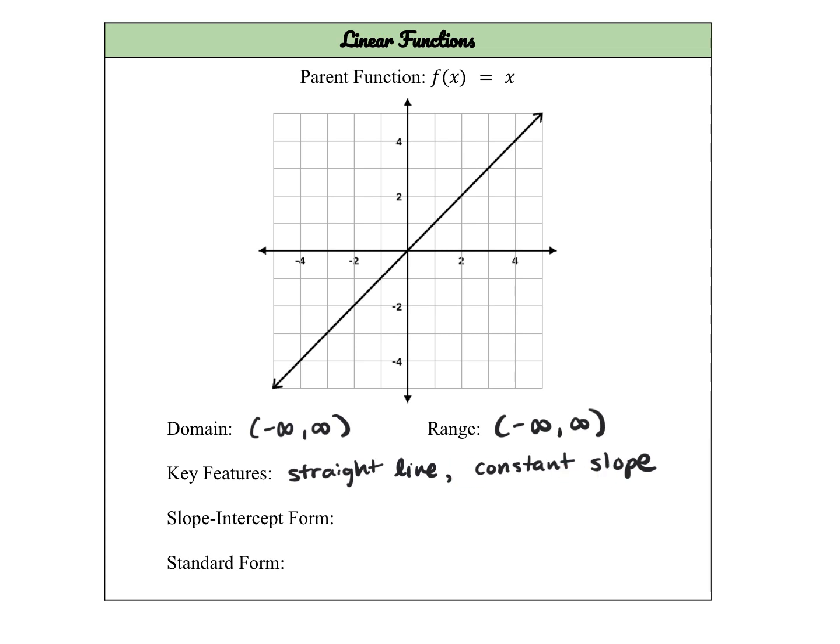Now there's a few different forms you might see this in. You might see this in slope-intercept form, y equals mx plus b, where m is the slope and b is the y-intercept. So hopefully that looks familiar. Or you might also see this in standard form, ax plus by equals c.